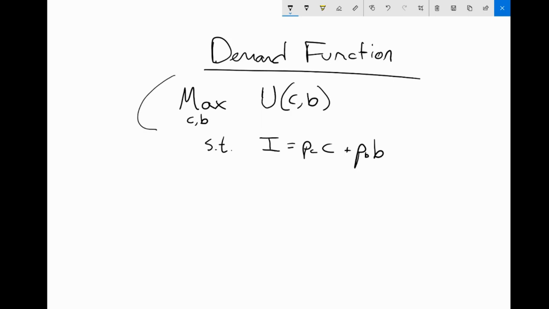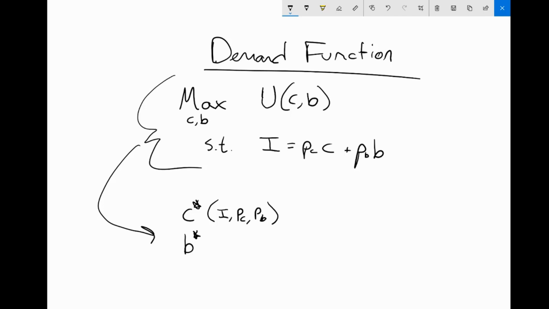This maximization process results in C star and B star, the optimal cups of coffee and optimal bagels. C star is a function of the parameters I, PC, and PB. B star is again a function of the parameters I, PC, and PB.